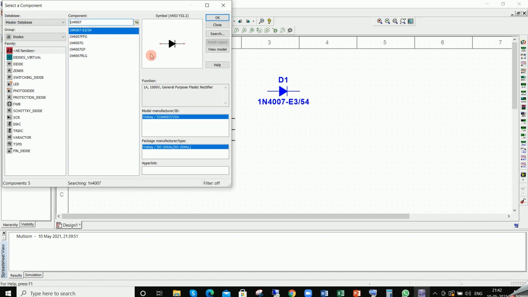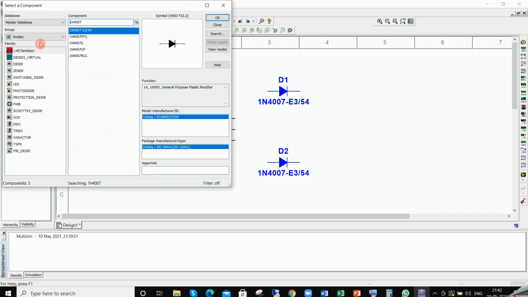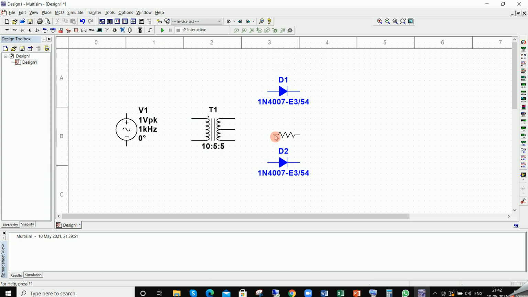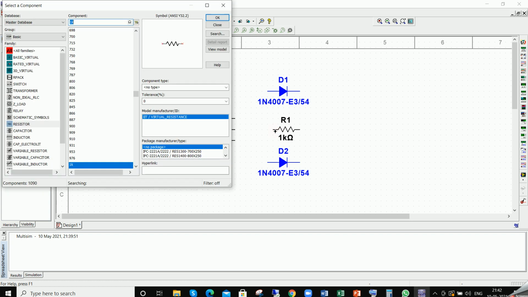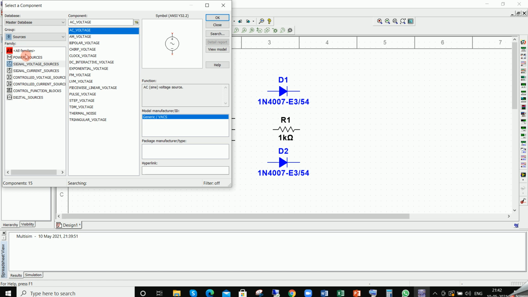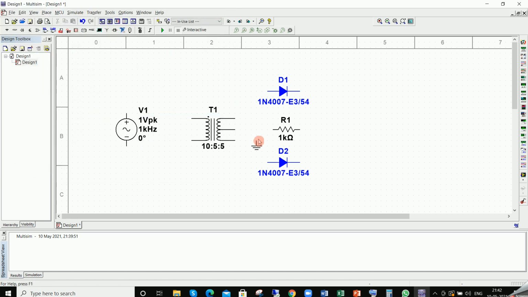For center tap full wave rectifier, we require two diodes, diode D1 and D2. Next component is a resistor. Next component is ground, sources, power sources, ground, okay.